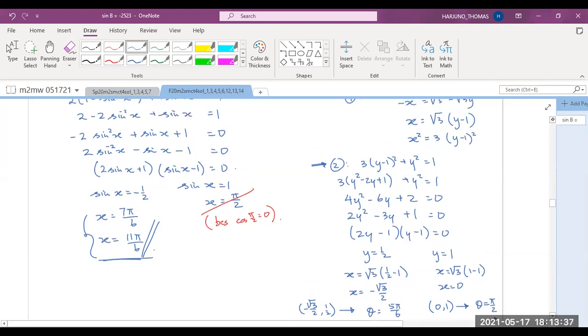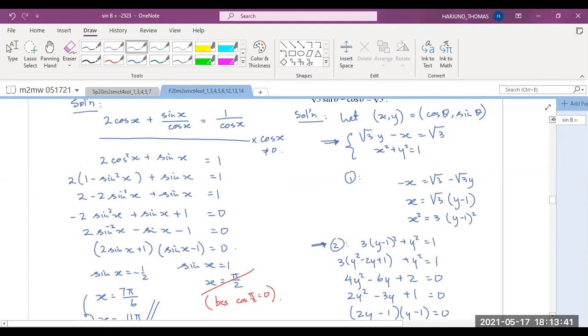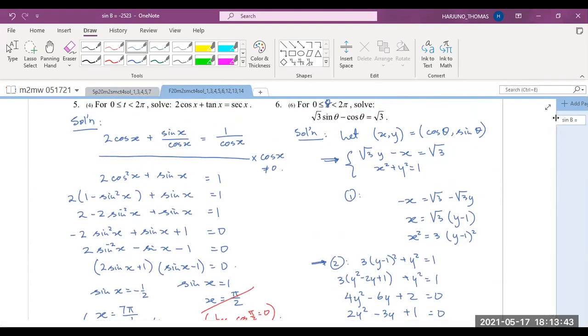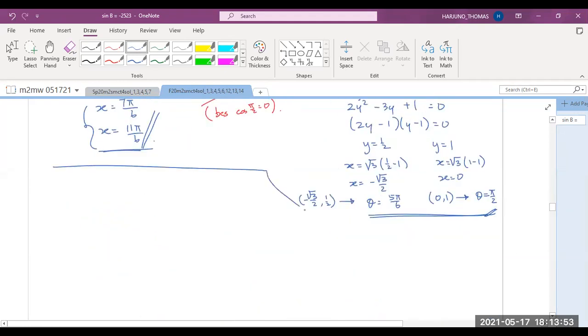Okay. Now that's the standard way, this is the unit circle approach. Suppose I do the standard method: radical 3 sine theta minus cosine theta equals radical 3.